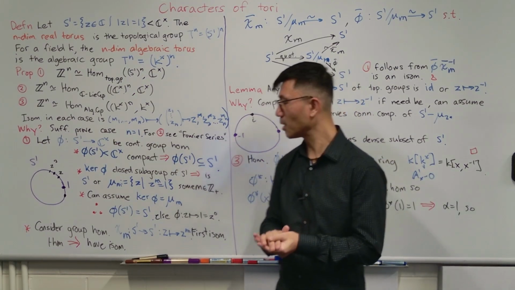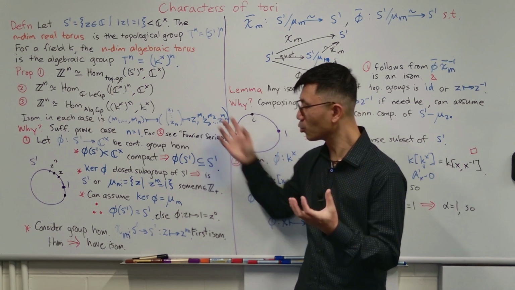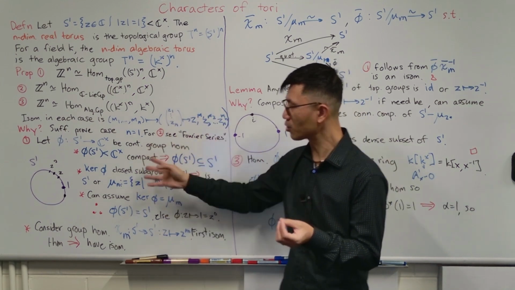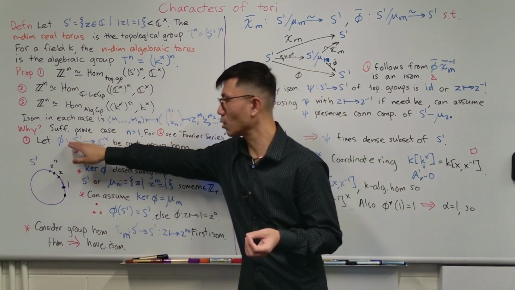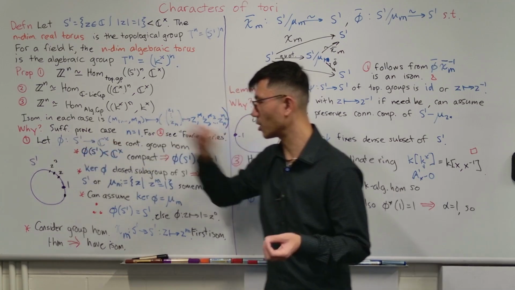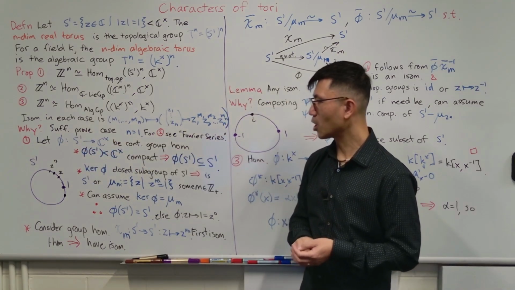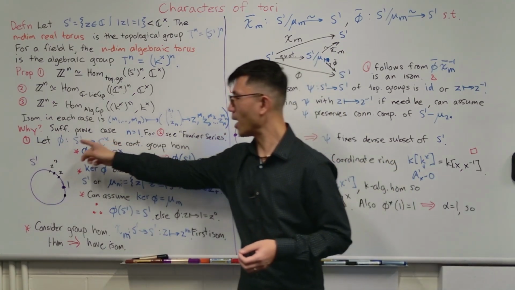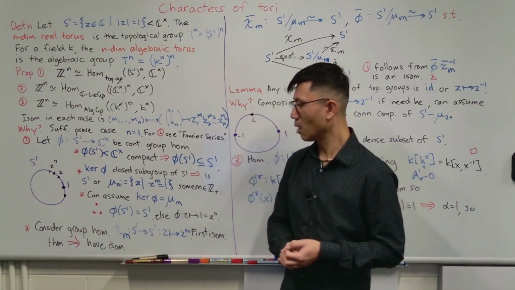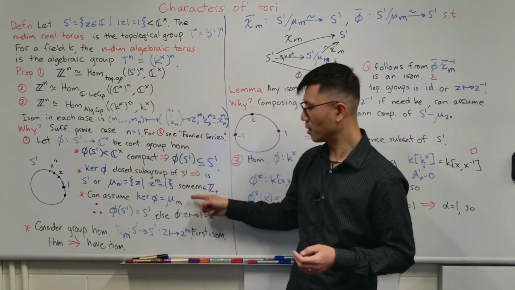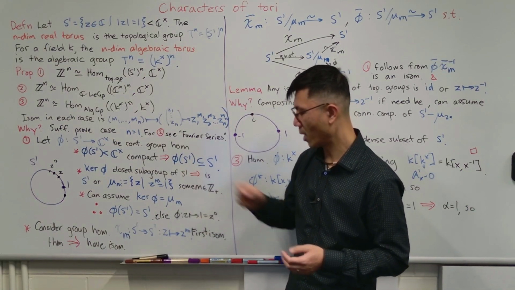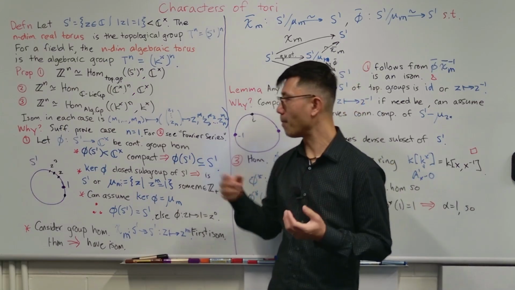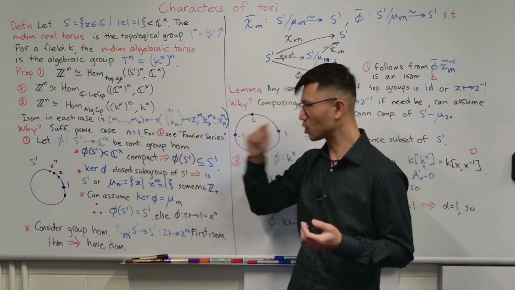So that's great. We've done a lot of work to understand features of this topological group homomorphism from S1 to C cross. It's just going to be a surjection from S1 to S1, whose kernel we can assume to be the group of mth roots of unity, mu m. So let's pick a group homomorphism which looks similar to that.